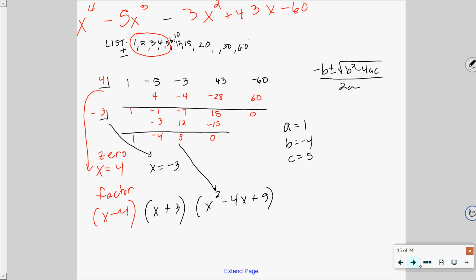I believe you should get a negative under the radical.